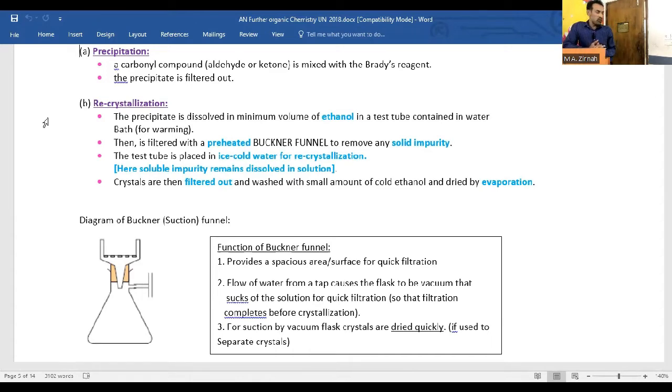DNPS, that was the Brady's reagent. তারপর precipitate হলো, precipitate কে ফিল্টার করে আলাদা করে ফেললাম, then recrystallization.